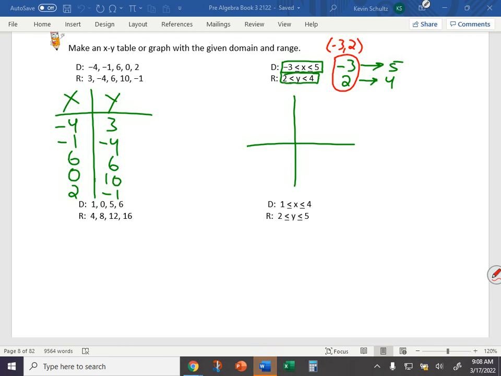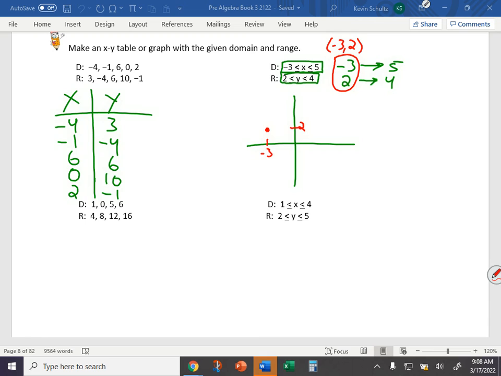And that ordered pair gets plotted on the coordinate plane about right there. Wouldn't you say? That's about -3 and about +2. -3 on X, 2 on Y, give or take. What do you think our next ordered pair is?